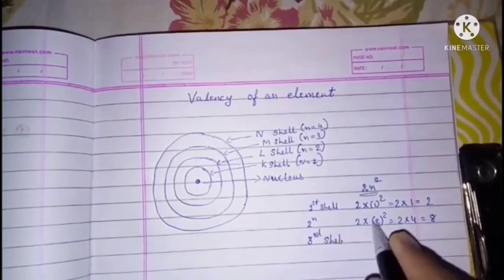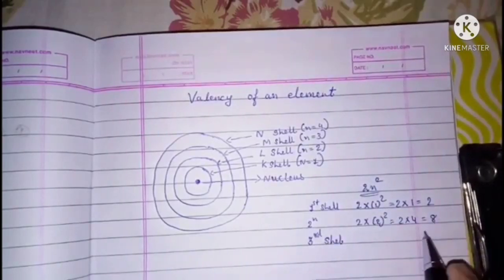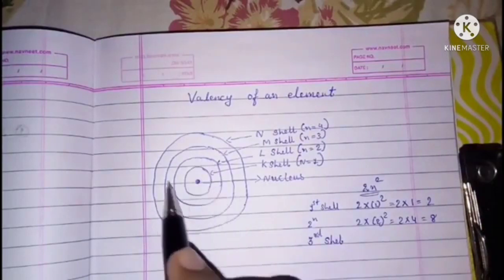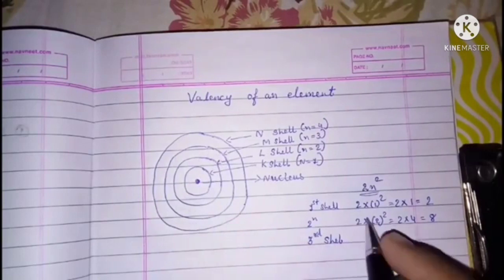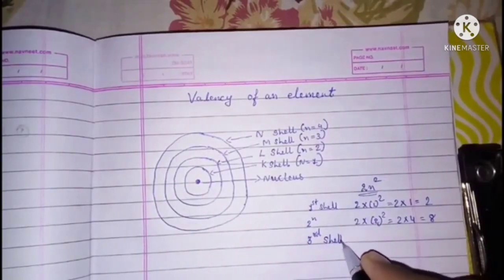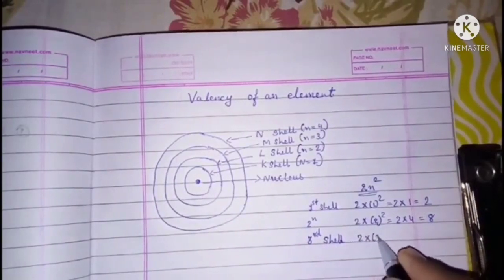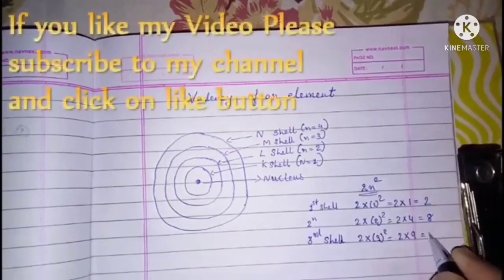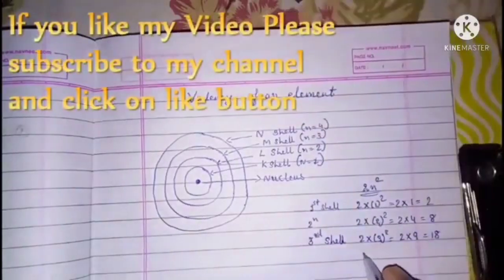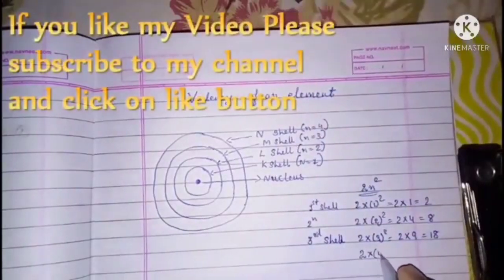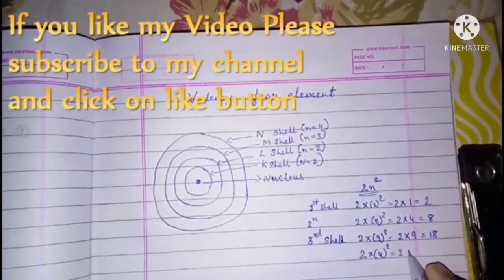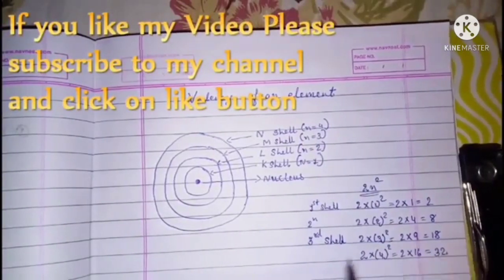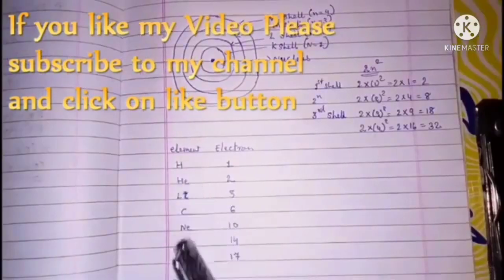What about the third shell? 2 into 3 square, that means 9, 9 2s are 18 electrons. In the third shell you will have 18 electrons. What about the fourth shell? 2 into 4 square, that is 2 into 16, 32 electrons are there.